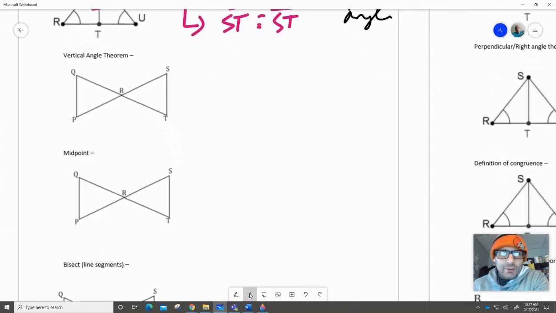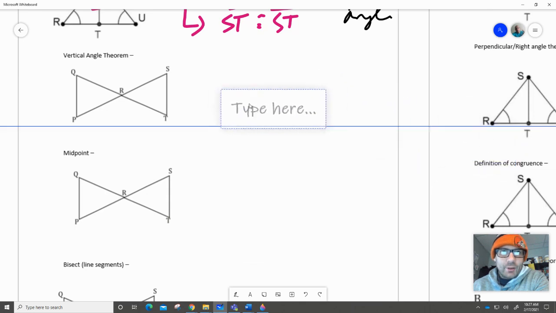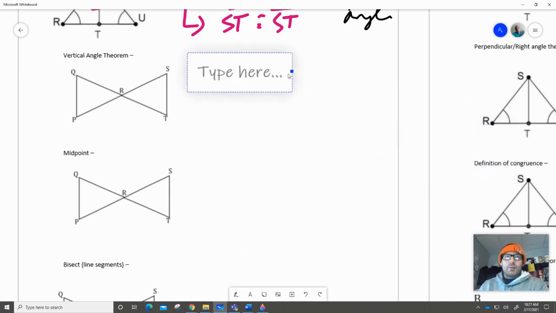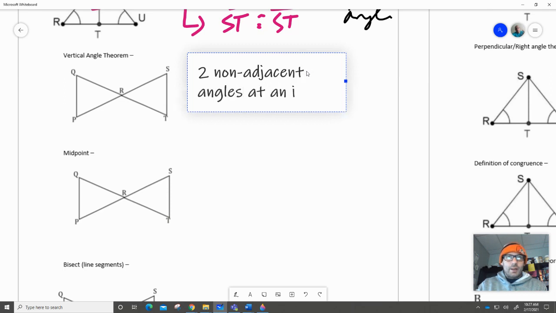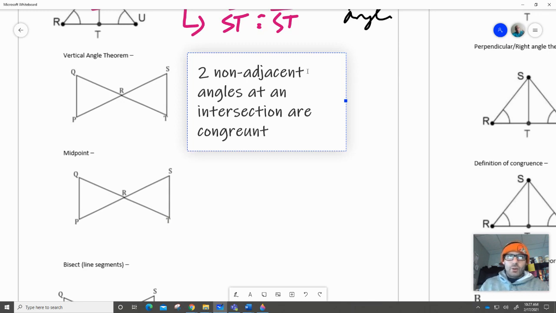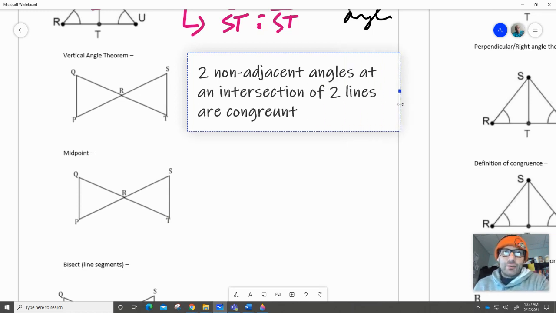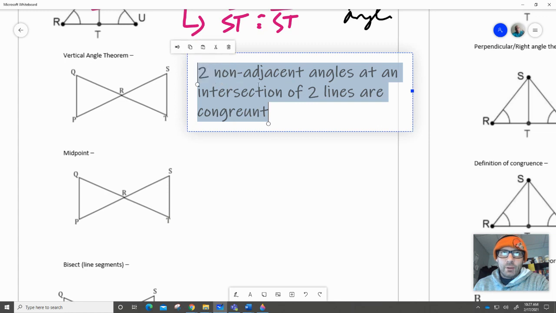Vertical angle theorem. We talked about this very early on. The vertical angle theorem is that two non-adjacent angles at an intersection of two lines are congruent.